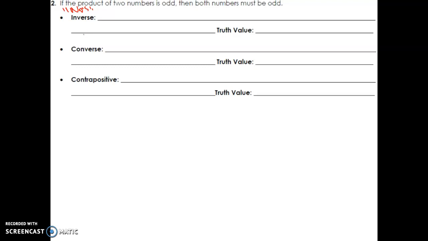So I would say here, if the product of two numbers is even, right? Make it the opposite. Then both the numbers must be even.